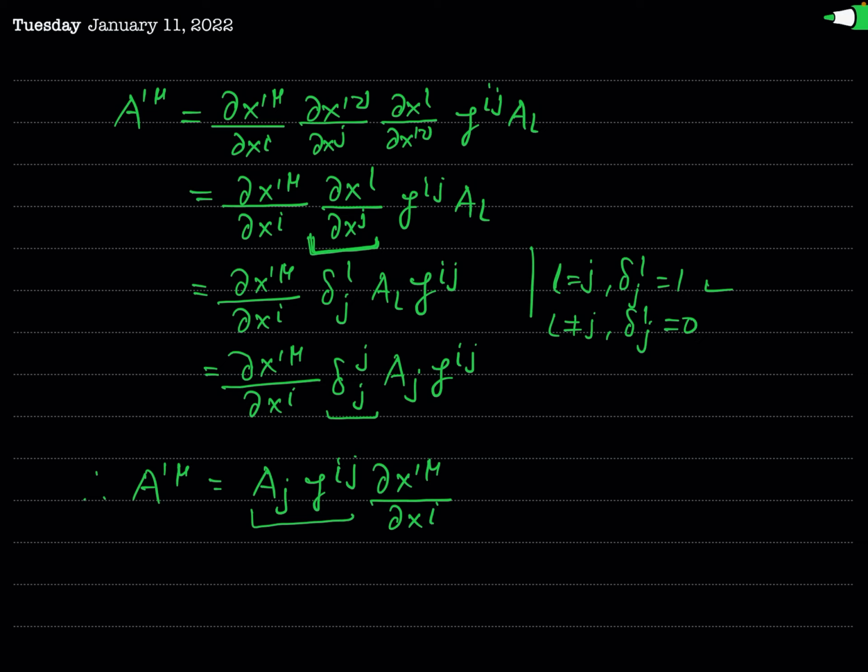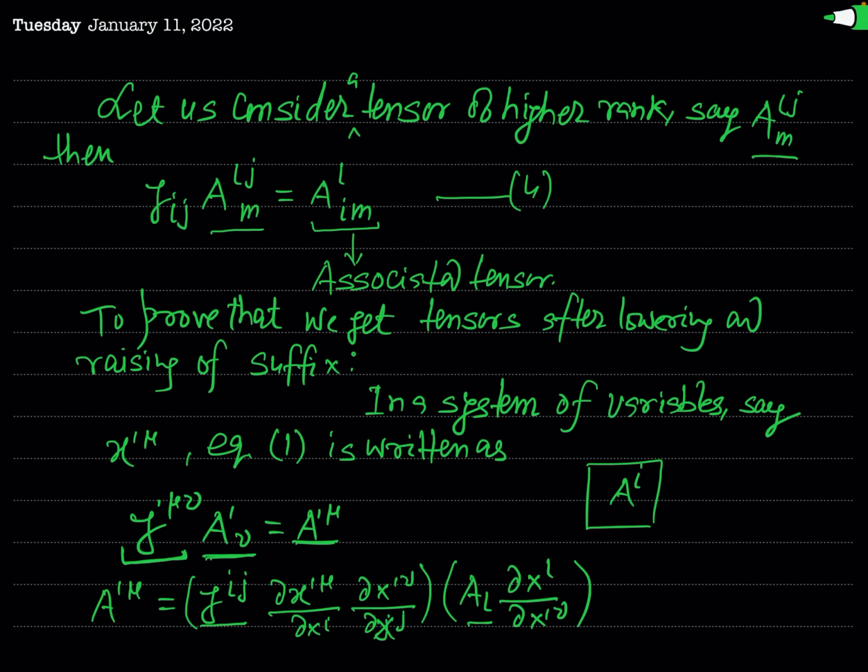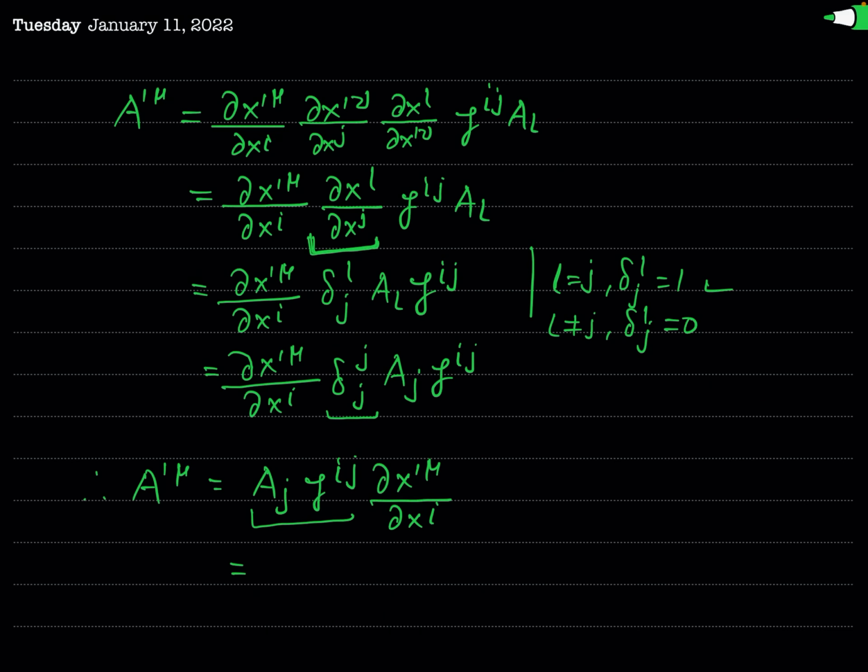Now see this product. Here this covariant vector, or covariant tensor of rank 1, A_j has been multiplied with this contravariant fundamental tensor G^ij. So according to the definition of raising of suffix, what can you write?